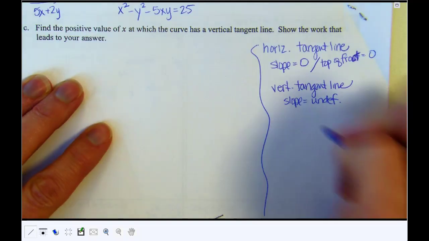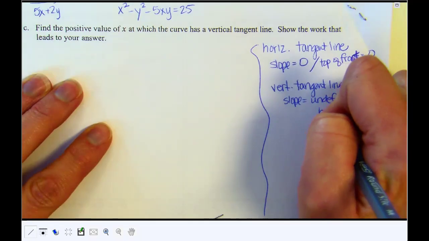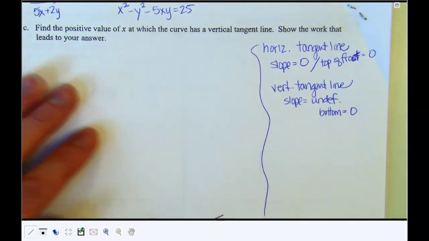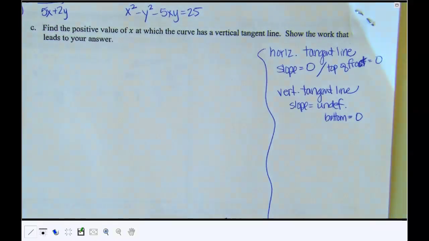On a vertical tangent line, the bottom of the fraction equals 0. It's a little bit of voodoo math here, but we got this.